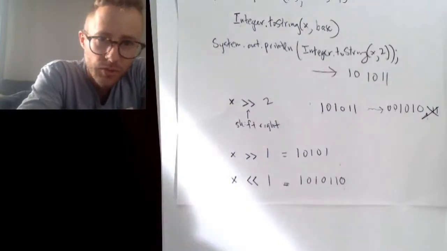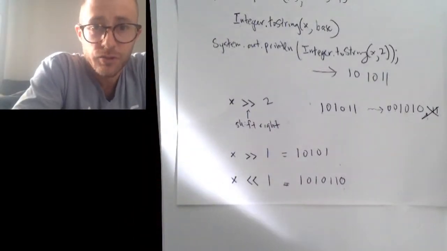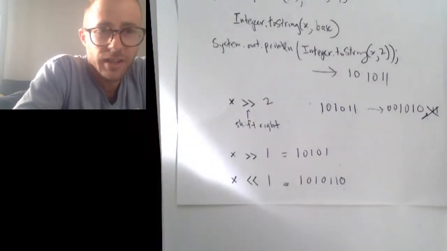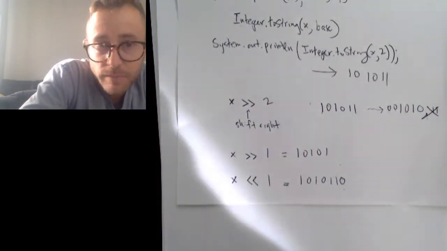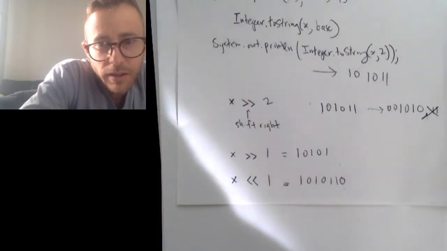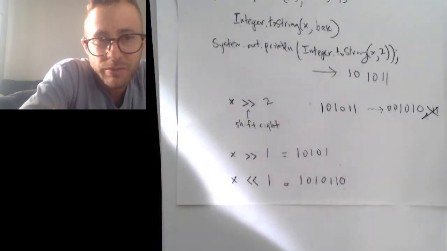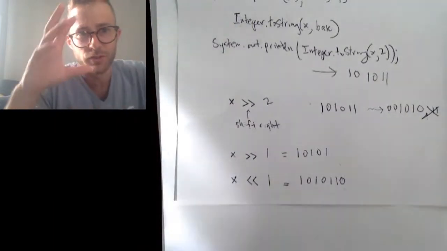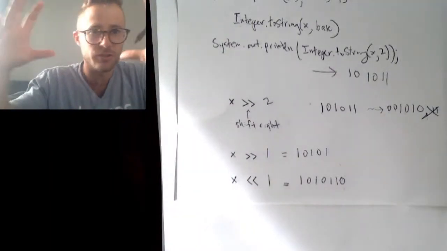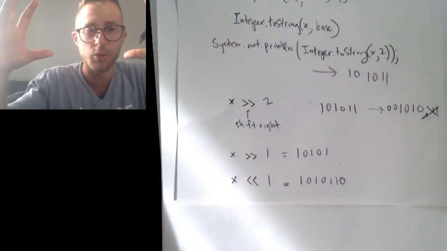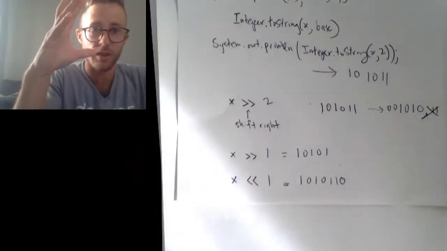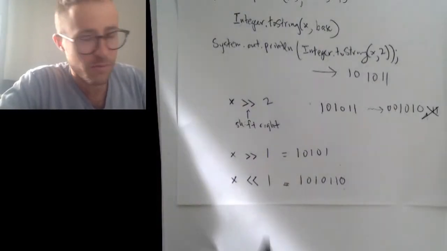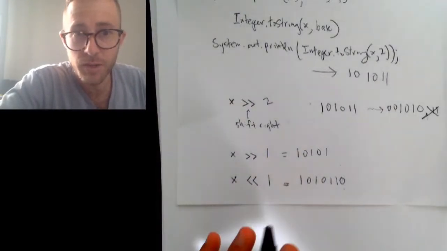So one of the uses of these shift operators is instead of dividing a number by 2, if you think about binary, dividing by 2 is just like dividing by 10 in decimal, just takes all the digits and shifts them over by 1, or multiplying by 10 shifts everything by 1. This is a way of dividing by 2 or multiplying by 2.